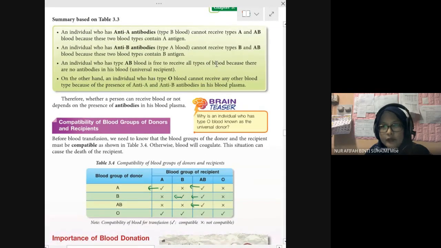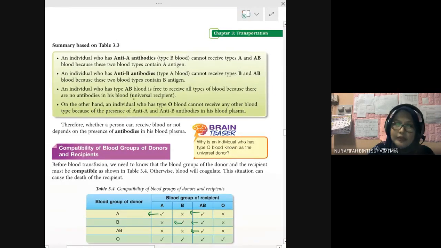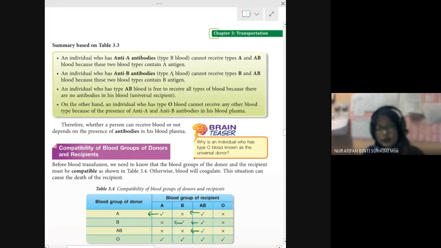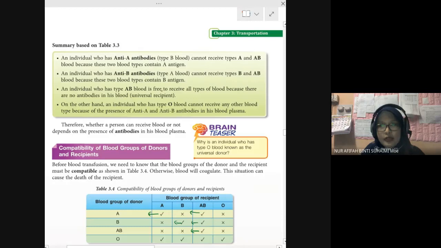Alright. This one, okay, saya baca juga lah. Alright. An individual who has antibody B, or blood group A, cannot receive types B and AB blood because these two blood types contain B antigen.